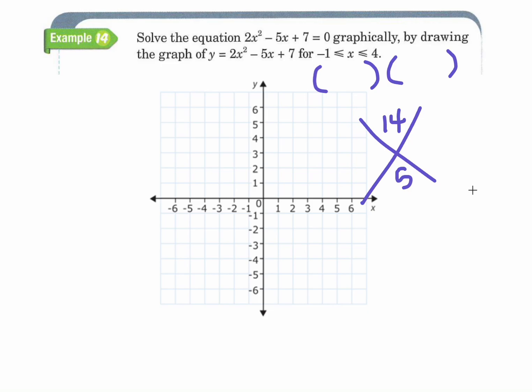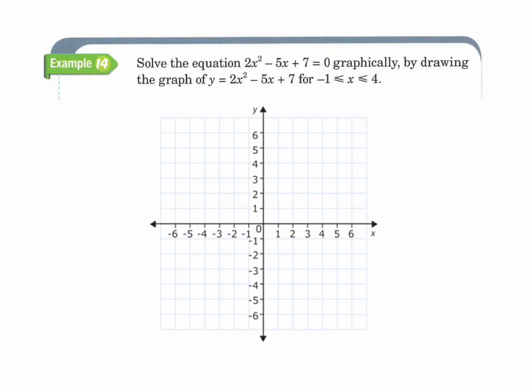So I don't really see anything. So since I don't see anything, that probably means that something is going on. So I might have a decimal answer, or I might actually have no real roots, right? Because I couldn't figure out the factoring.